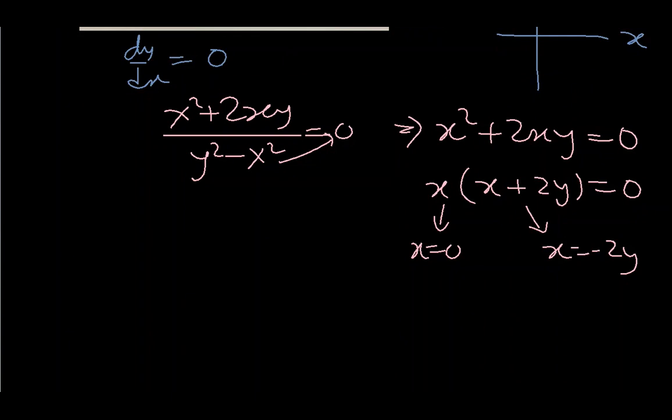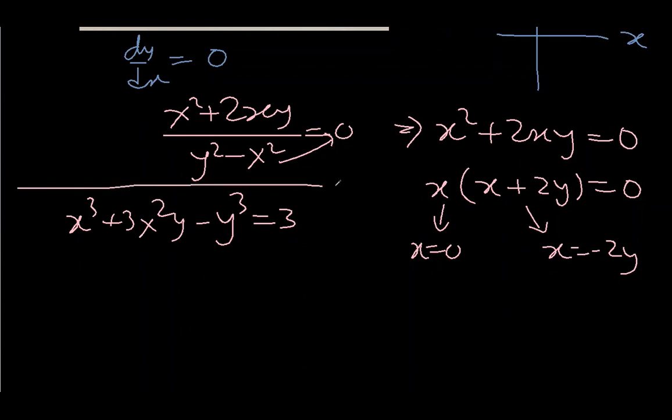So now, our equation was this: x cubed plus 3x square y minus y cube equal to 3. So they're saying find the coordinates. That means we have to find the y coordinate also, right?